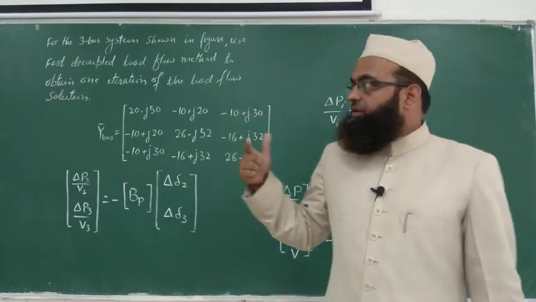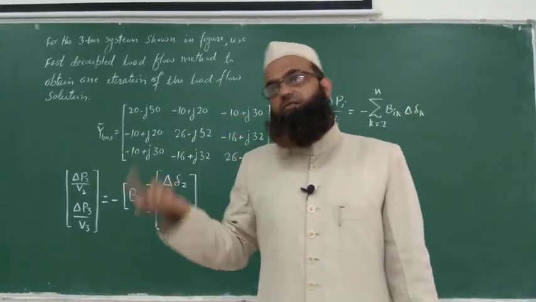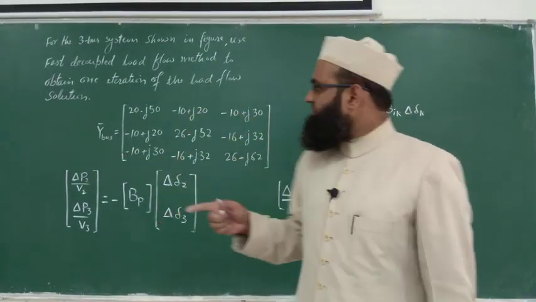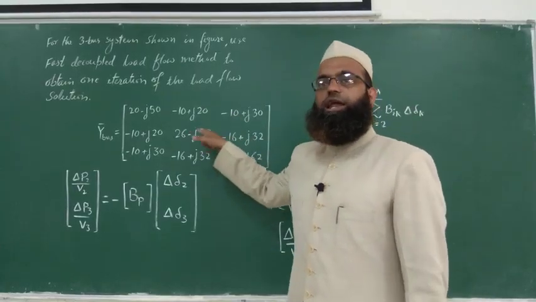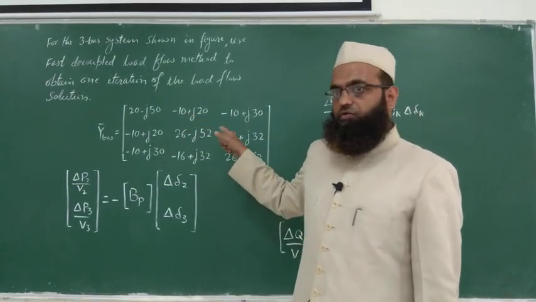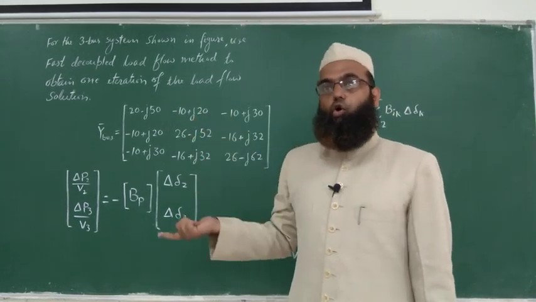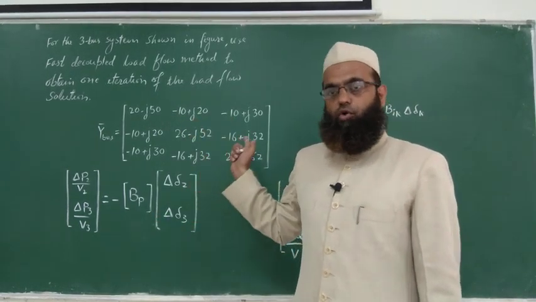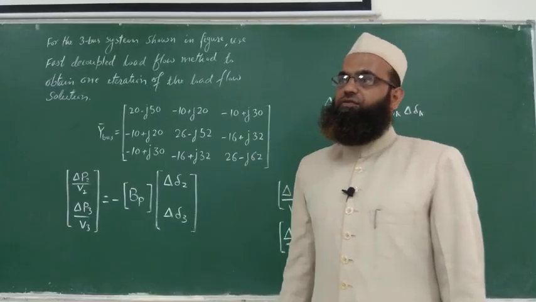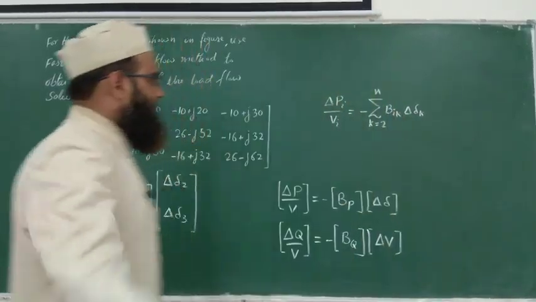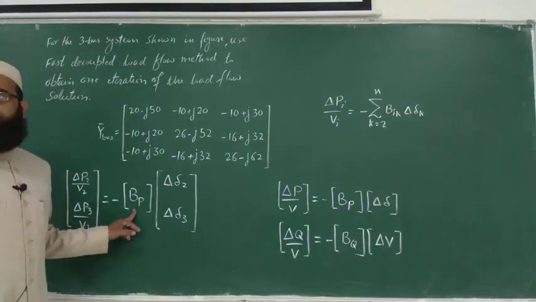So we will take only susceptance values, that is B_ik, the imaginary part of the elements of the Y bus, because the real part of the elements of the Y bus has been ignored during the fast decoupled load flow method. So these 2 things will help you while writing B'.